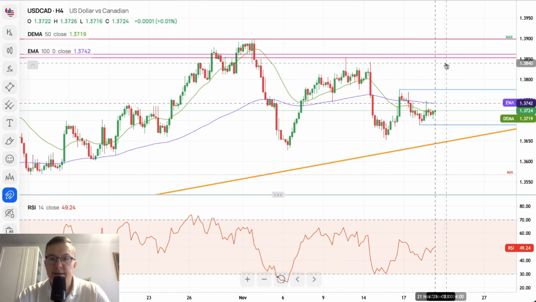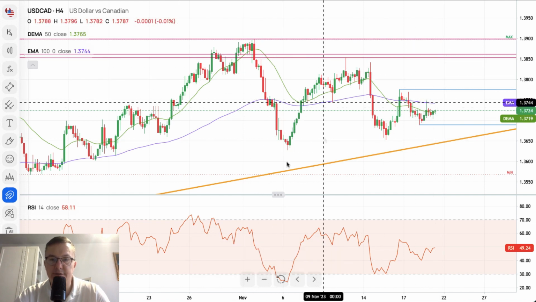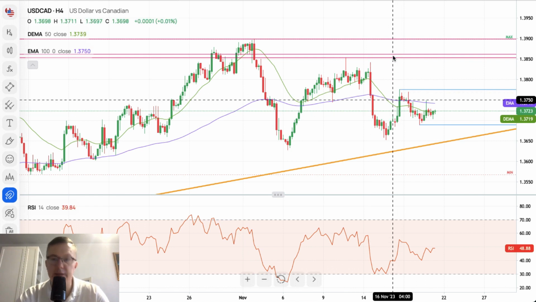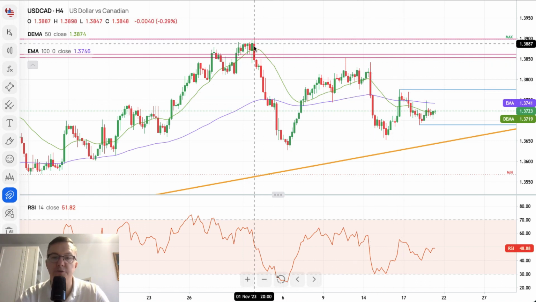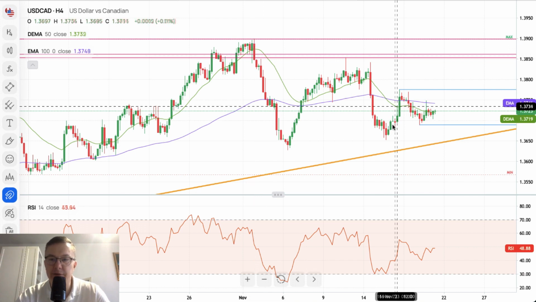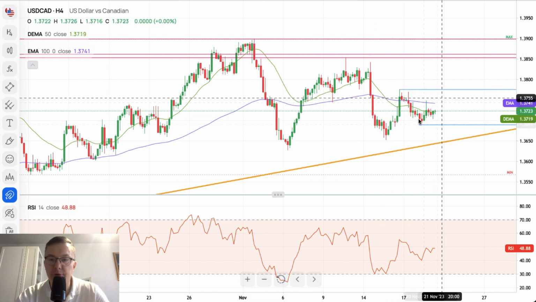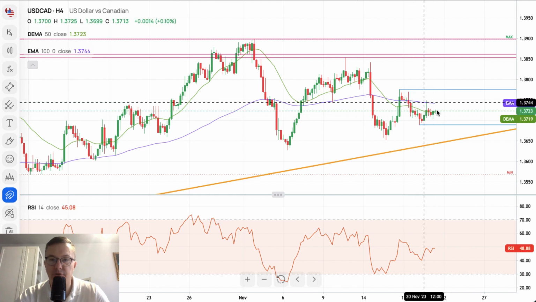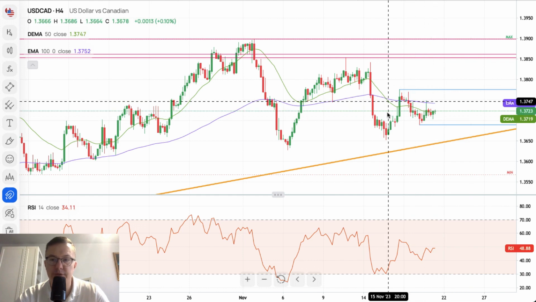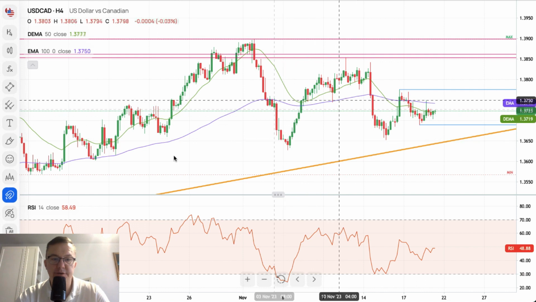So this is the zone of the technical resistances, and we need a breakout higher, of course, a new swing high in order to continue to 1.3887. Right now we are hovering around the moving averages on a 4-hour chart, around 150 periods moving averages.